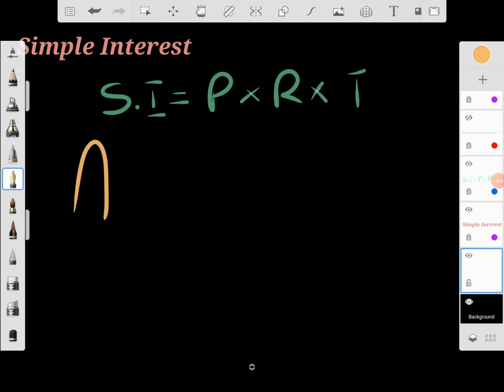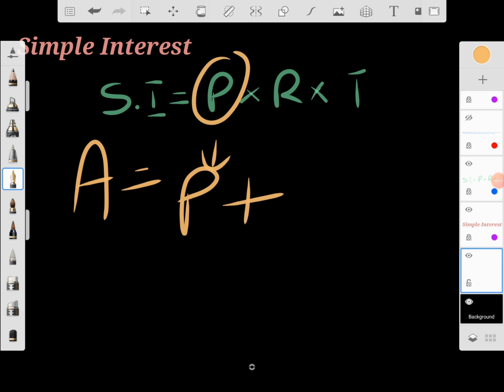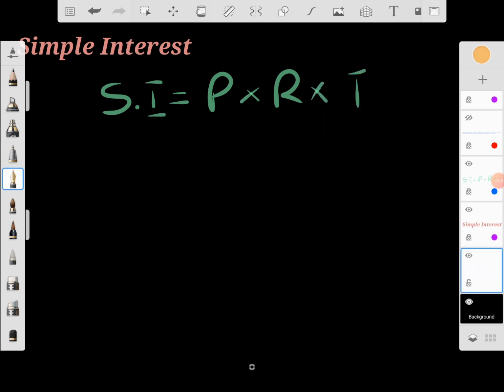The total amount is always this principal value plus the simple interest, or let me call it IS. Now knowing this much, let us move on to one question.